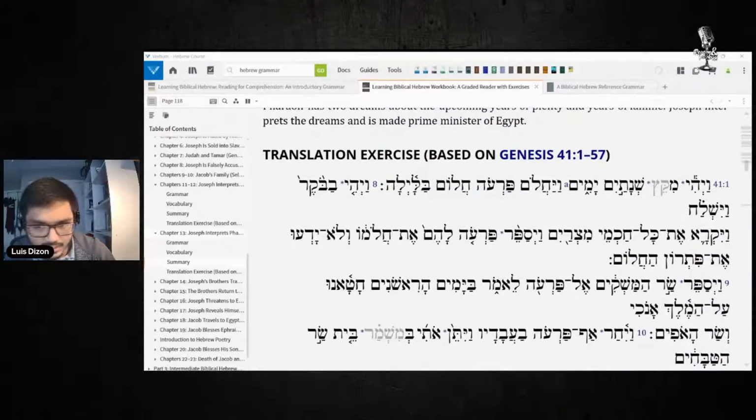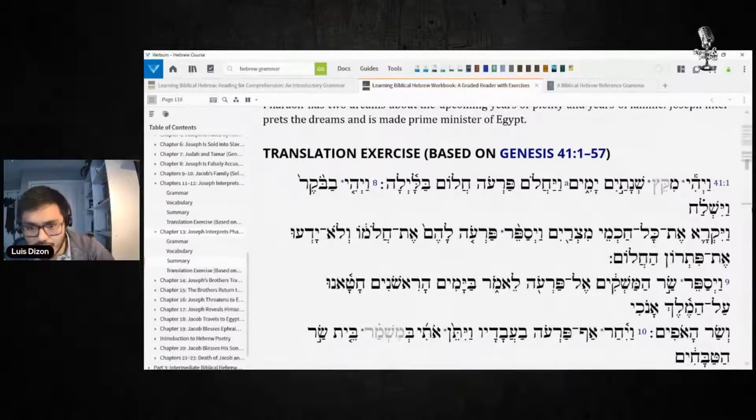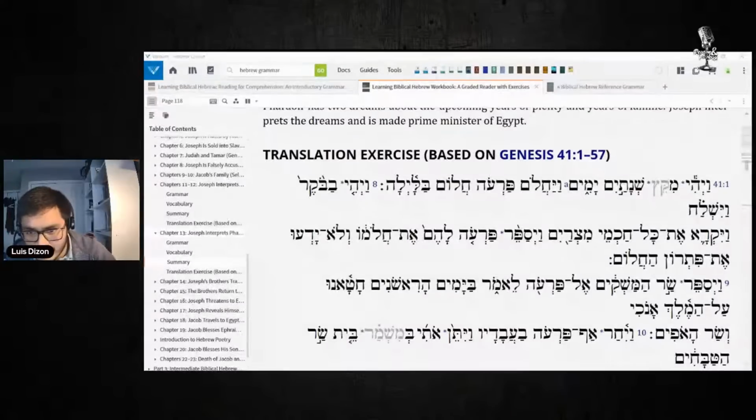So we haven't learned what the PL means yet, but we've already run into it. Here's a PL right here. The fact that it's a PL should not confuse you too much. It has the same basic preformatives as the qal. So it has a yod there that tells you it's third person masculine singular. But notice that it has a shva. So actually that's one of the ways you can tell this is a PL, that the vowel is a shva. That does not happen in a qal. We'll talk about that when we actually learn PL forms.